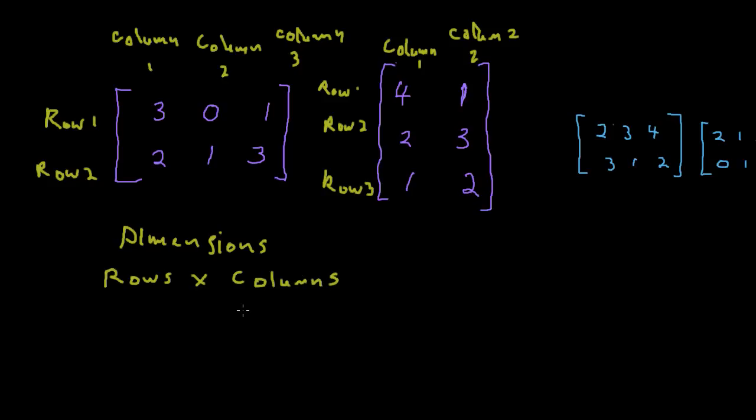So number of rows by the number of columns. Our first matrix has two rows and three columns, so it is a 2 by 3 matrix. Our second matrix over here has three rows and two columns, so it is a 3 by 2 matrix.